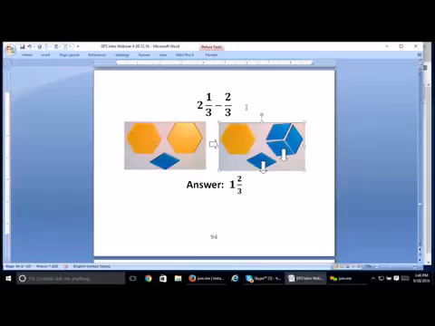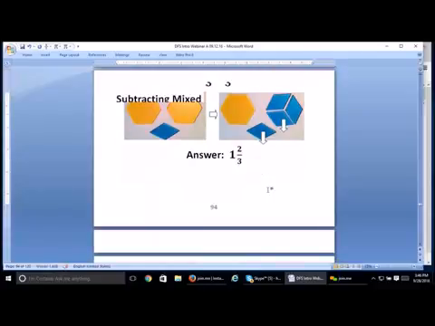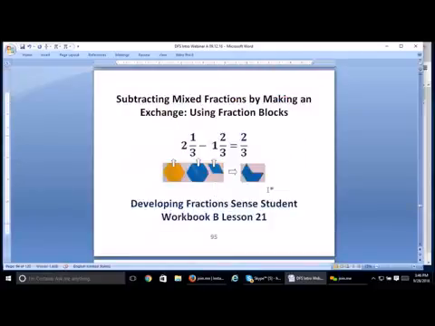So notice what we did here. We renamed 2 1/3 as 1 4/3. We borrowed one whole from the 2. We exchanged it for 3/3. So notice how similar this approach is to one of the approaches we'll be using in subtracting fractions. So that's lesson 21.